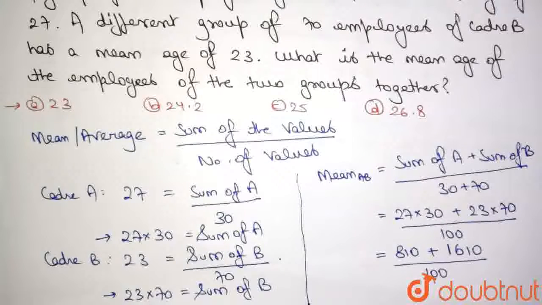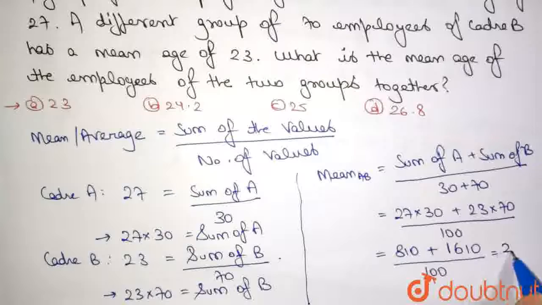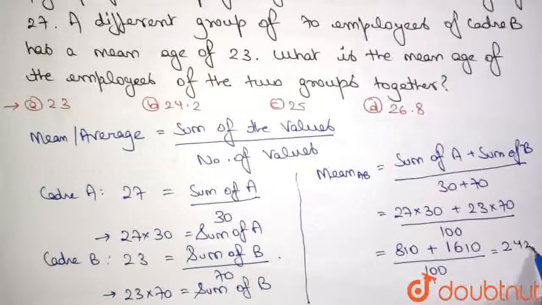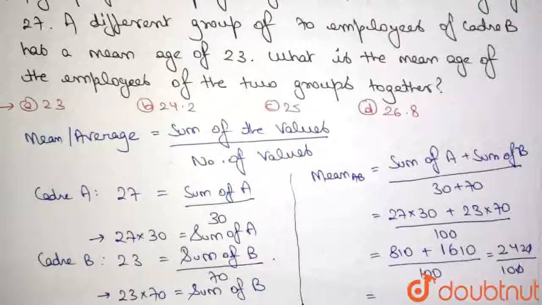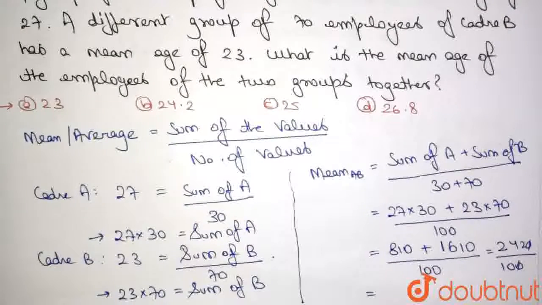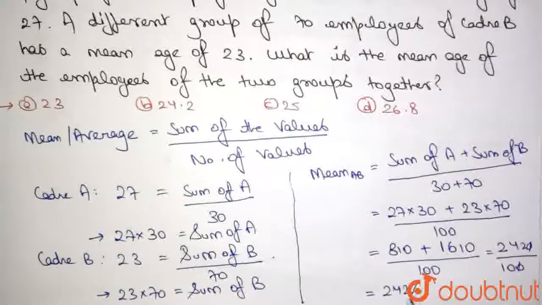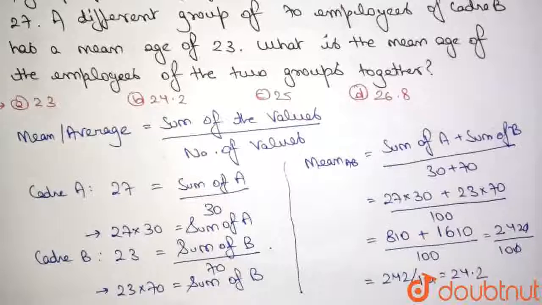So 810 plus 1610 is 2420, divided by 100. The two zeros cancel out, and what remains is 242 divided by 10, which is equal to 24.2.